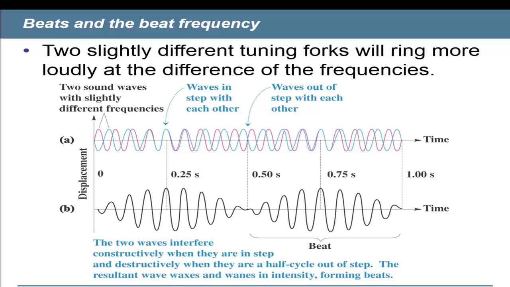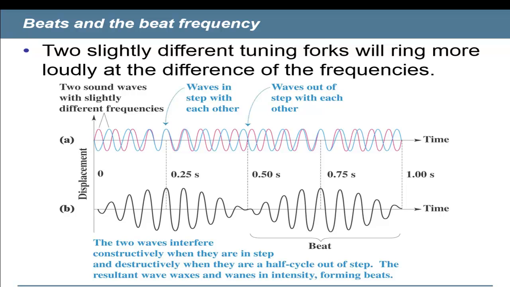So I have a little animation for this as well. The animation on the next page will show both of these, the red and the blue, moving at the same time, and so the beat frequency will be built and then deconstructed as we go along.